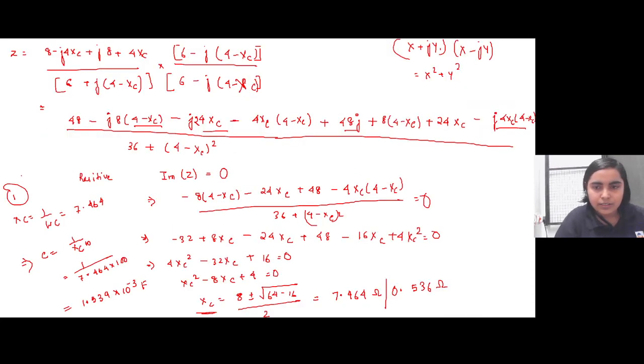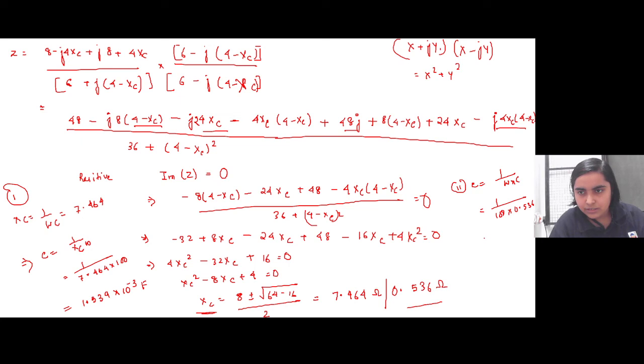So let's calculate the other one, which is when Xc is equal to 0.536, right? So the second condition is C is equal to 1 by omega Xc, 1 by 100 into 0.536. So this comes out to be 0.01865 or 18.65 millifarad.